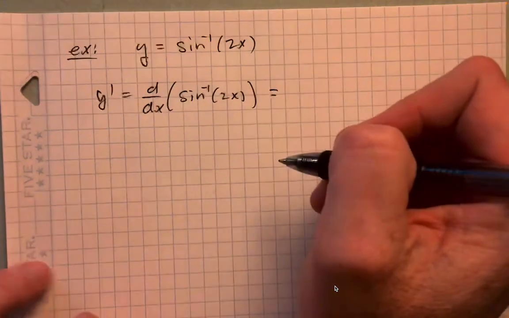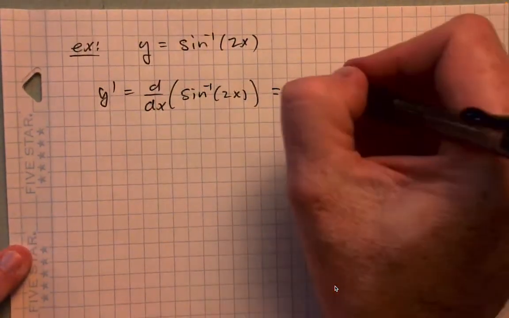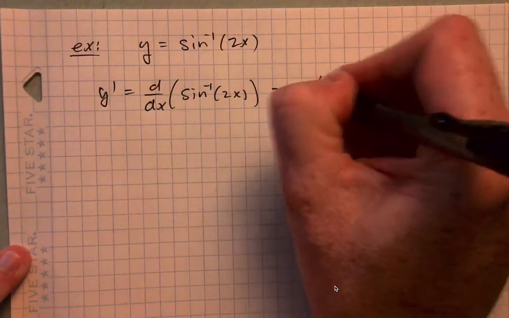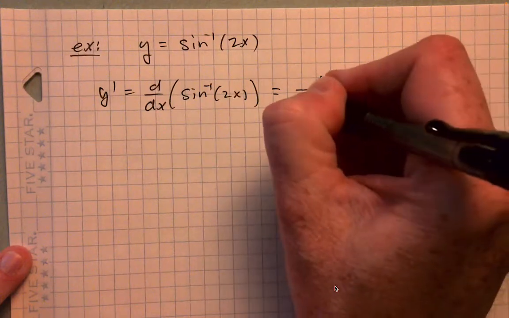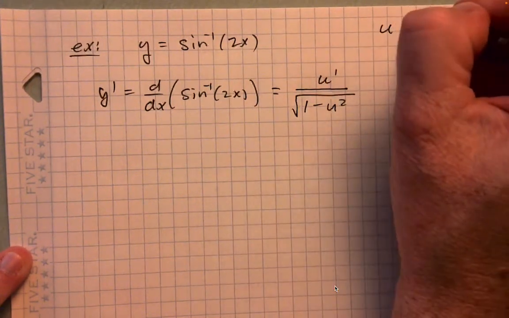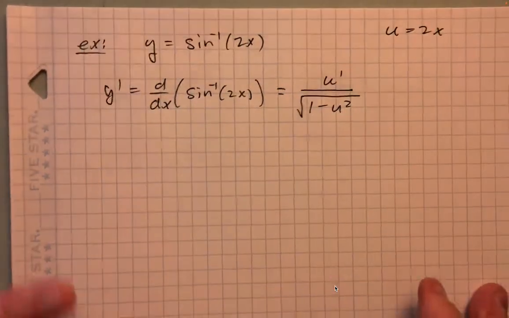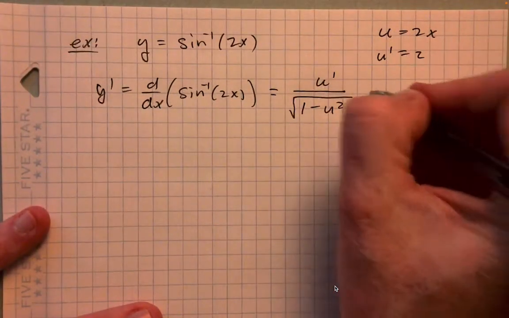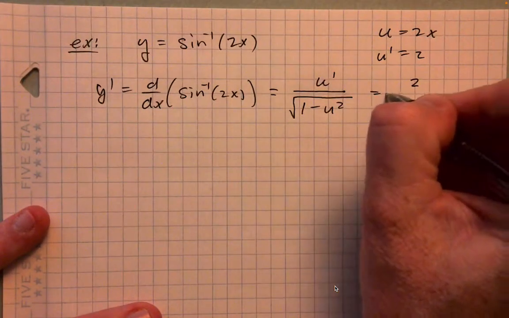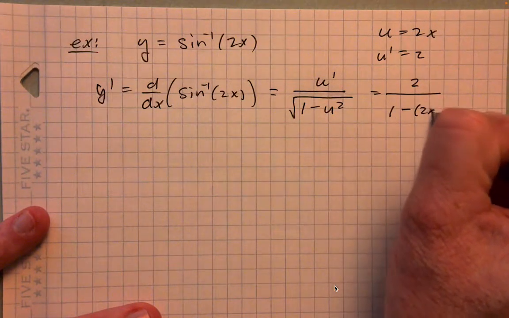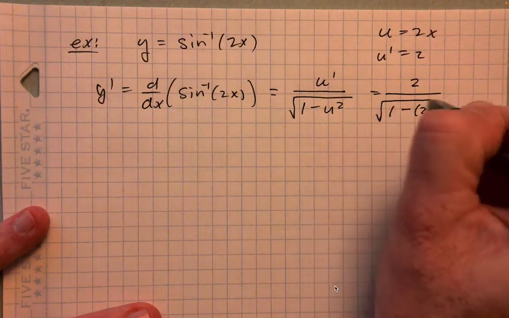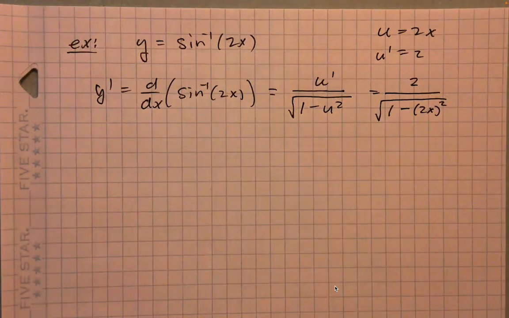And we know that's going to have the form of u prime over the square root of 1 minus u squared. Here, u is equal to 2x, so u prime is 2. So we can just plug all this in, which almost feels like cheating, doesn't it? But there it is. Okay, so that's the derivative.